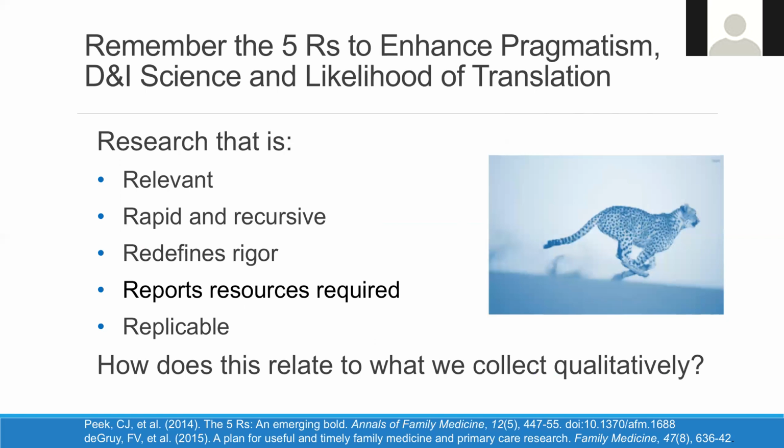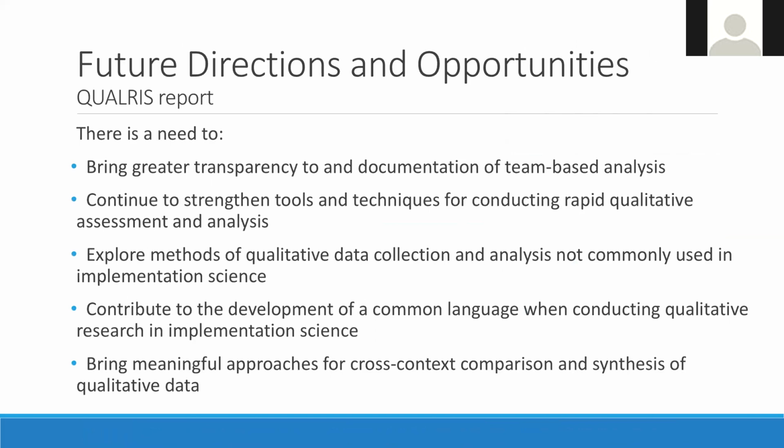I'm almost out of time, so I'm just going to go through these last couple of slides very quickly. There is a report that I'm going to show you in the next slide. The first item on the resources list is the group called Qualris, and they created a report about needs for qualitative research and implementation science, and these are their points.